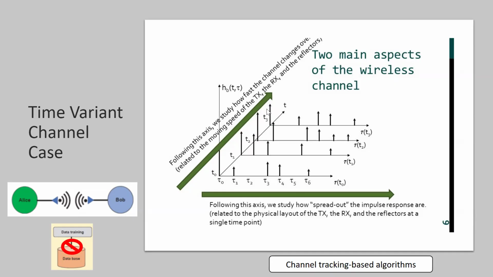This is related not to the type or location of the transmitter, receiver and reflectors, but to their speed and movement, because the movement of these objects will cause changes of the channel in the time domain, and this requires you to track it to be able to update your channel frequently. In the literature, we have many channel tracking algorithms that are used to track the channel behavior and the changes in the channel.